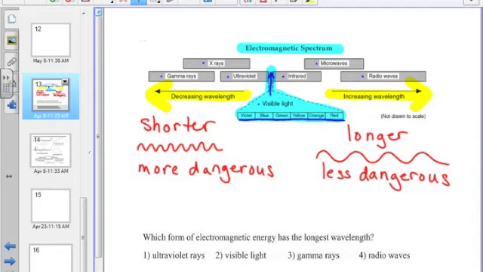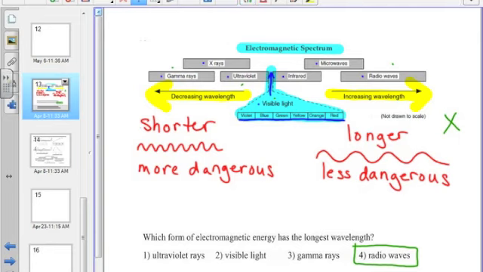Remember we said that's going to place us over here, right, towards the right-hand side of our diagram. So you're simply going to check the positions of each of those different choices: ultraviolet, visible light, gamma rays, radio waves. Here we go, all the way to that right-hand side. You better believe that is your right answer.